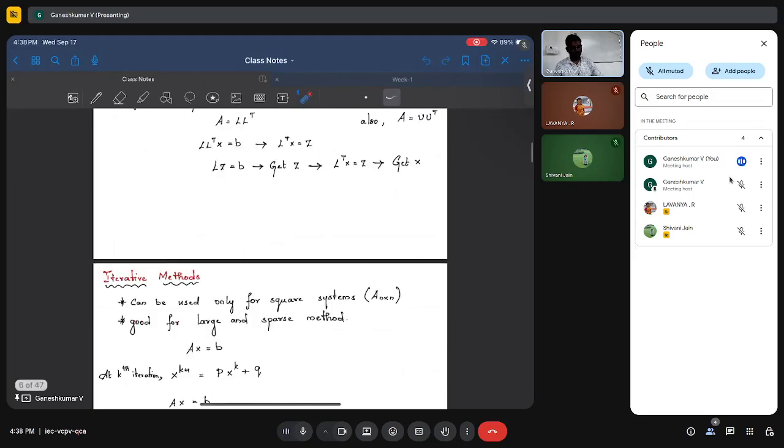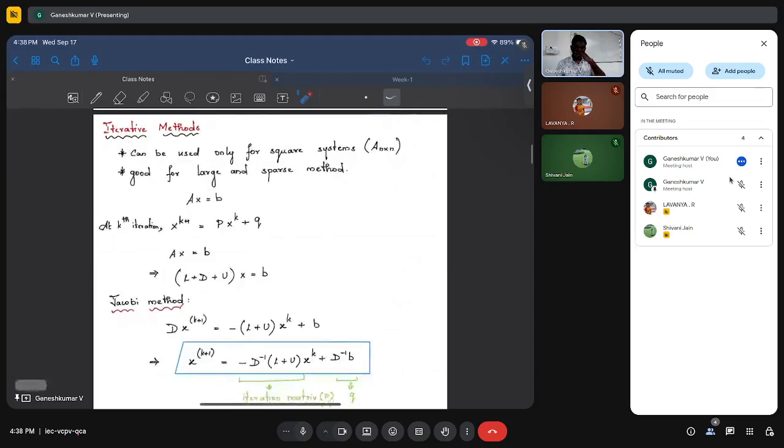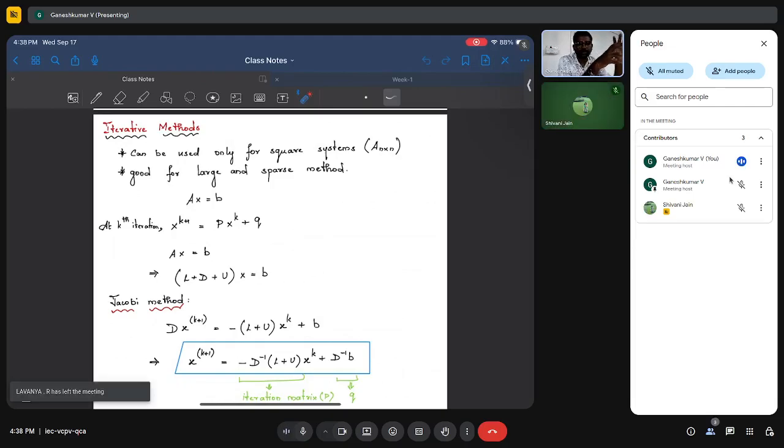So these are all direct methods, and then we studied iterative methods. The reason to study iterative methods is that with direct methods your number of computations keeps increasing with the increase in the size of the system. For example, when you go from 100 to 1000, your number of operations keeps increasing.